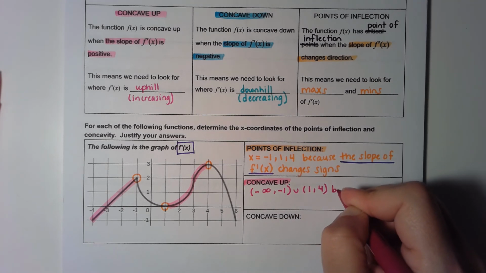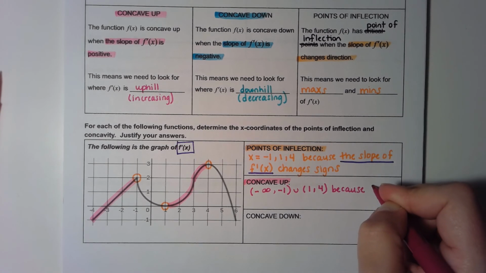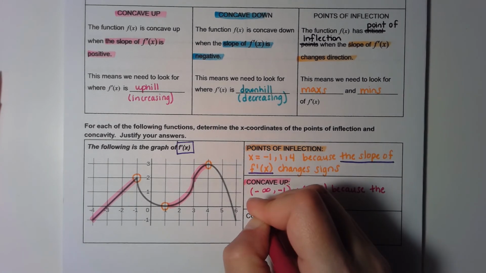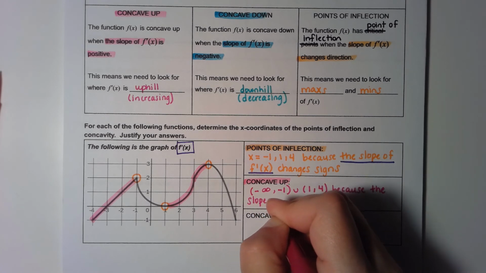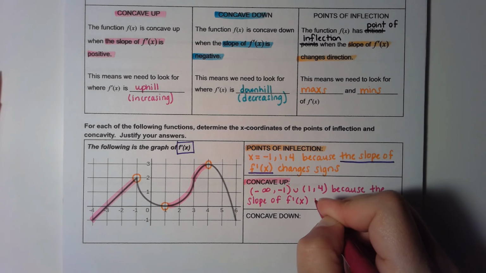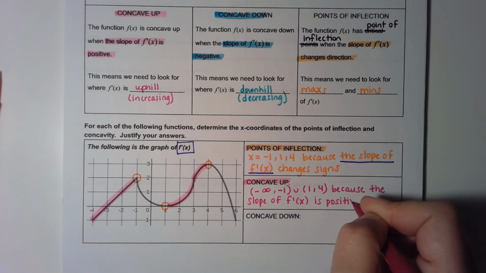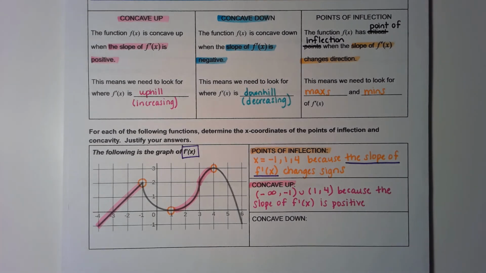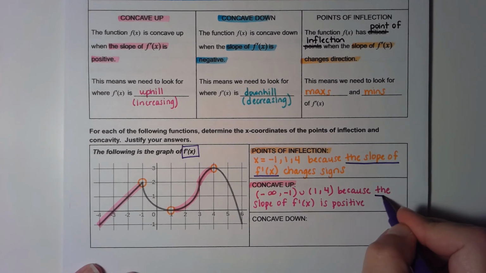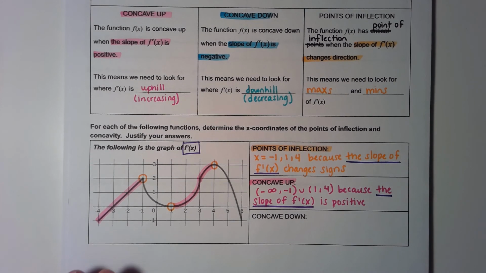And we would say because, you'll notice again I used open intervals for everything here, the slope of f prime of x is positive. So you'll notice again we referred to the slope of f prime of x, because if we're talking about the second derivative, it would be the slope of the first derivative.